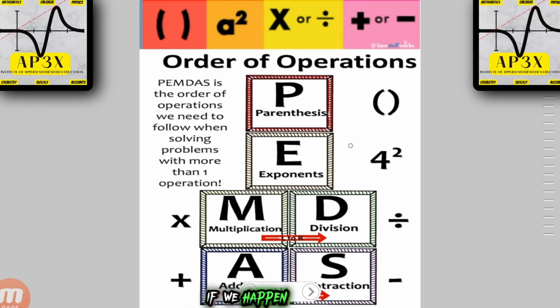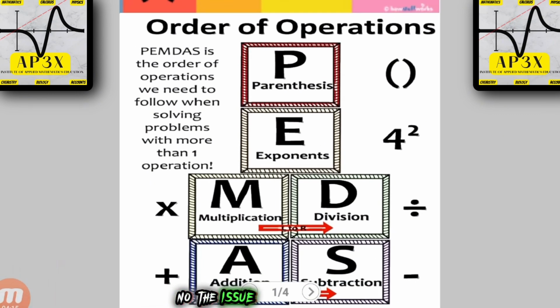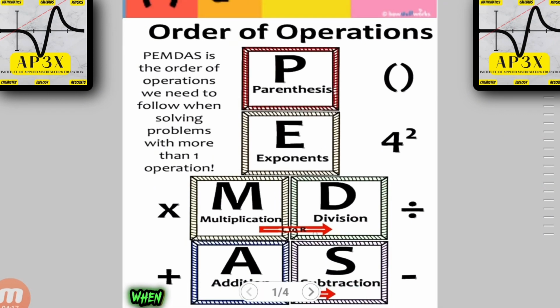If we happen to see an expression that is raised to a power, then we must simplify that expression to a single value.